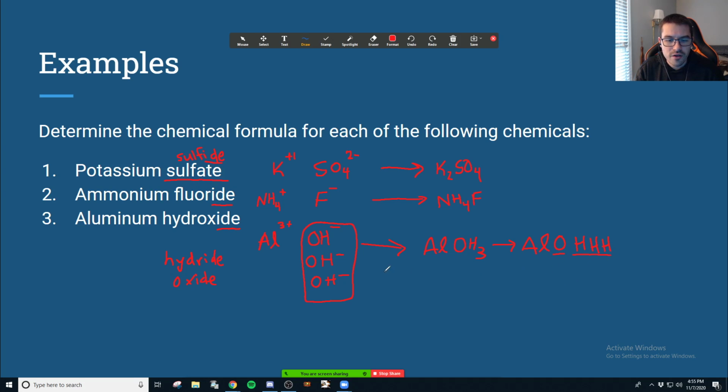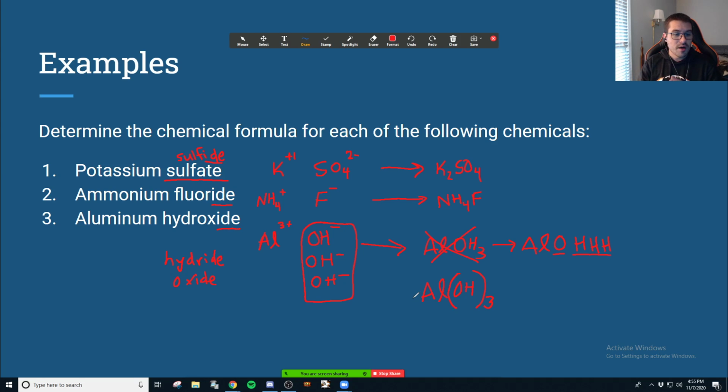We need 3 oxygens as well. So this is technically incorrect. The way to write this is like this: if I need 3 hydroxides, I'm going to put this in parentheses and put my number 3 on the outside of the parentheses. So Al, open parentheses, OH, close parentheses, 3. This means 1 aluminum and 3 of what's inside here, 3 hydroxides.